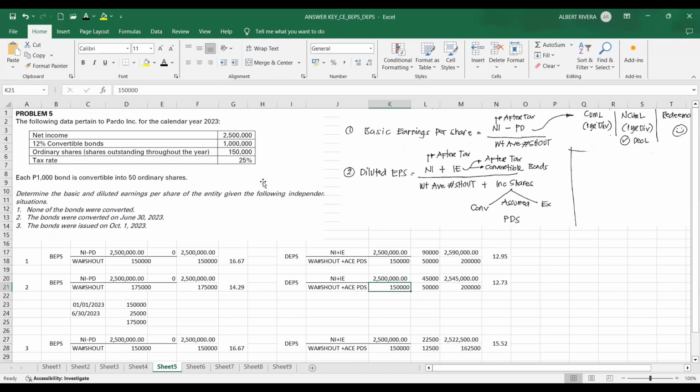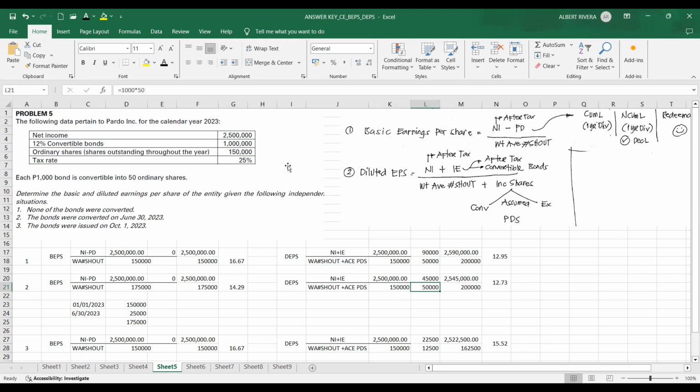Just like here, these convertible bonds were issued January 1. So this is the assumed period when this 1 million bonds were converted into 50 ordinary shares, not June 30. Because June 30 is the actual conversion. And the formula for the diluted earnings per share is just an assumption of conversion or exercise. So here, the outstanding is 150. This is what?